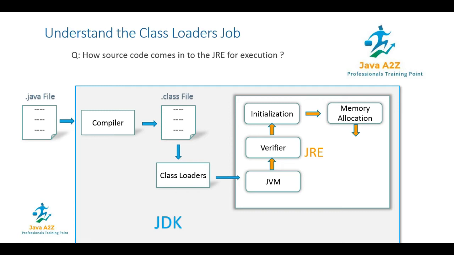So the JVM provides the memory allocation for your source code. Now the execution engine executes your code using a set of libraries. So this was a small introduction about how your bytecode works in the Java runtime environment. When the JVM executes your bytecode in the Java runtime environment, it will return output to the end user.